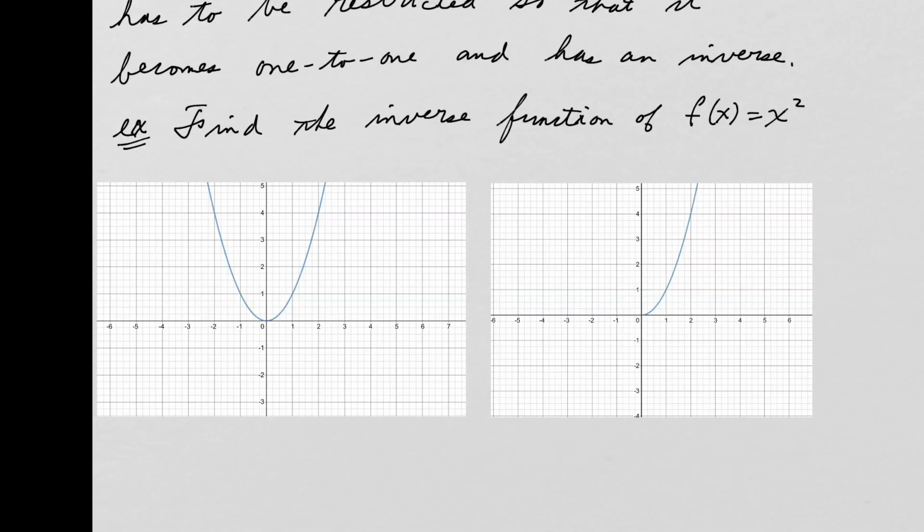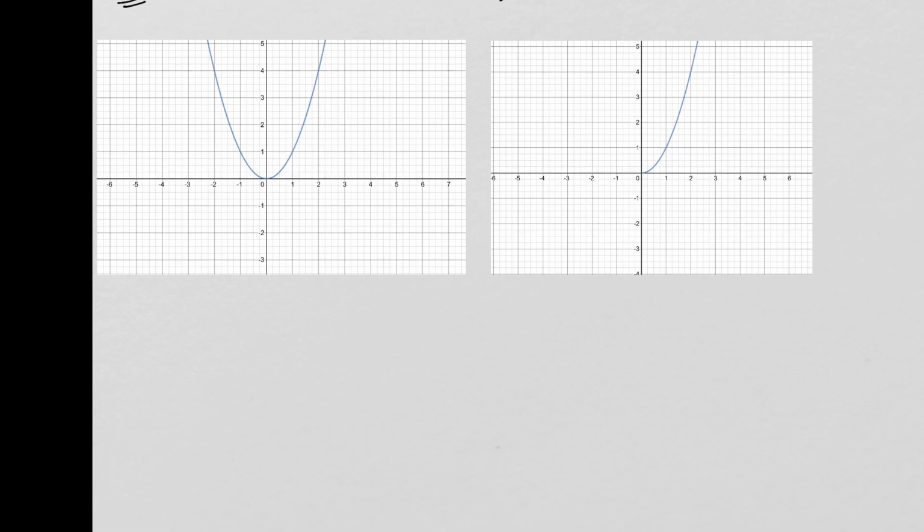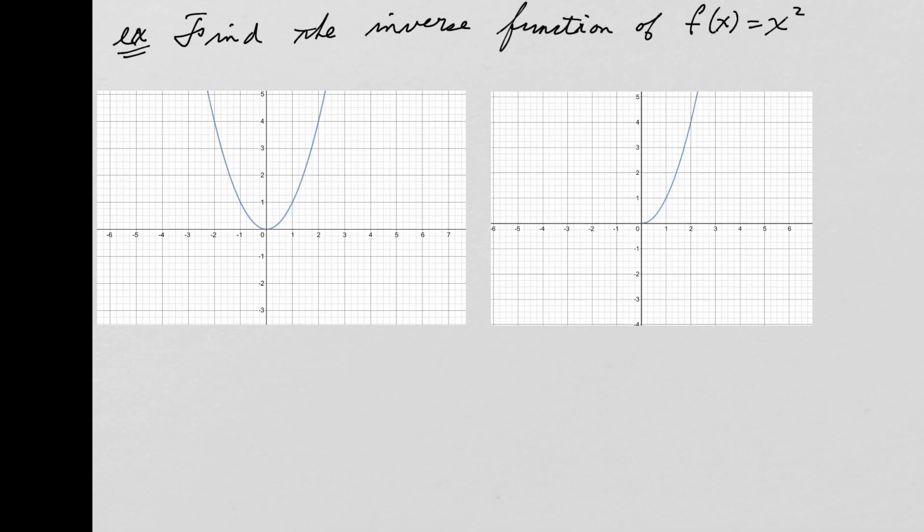Okay, so I graphed our usual quadratic function, and notice that it is not 1-to-1. Why isn't this 1-to-1? Because it fails the horizontal line test. A horizontal line will pass through more than one point in the graph. So this is f of x equals x squared, and it's not 1-to-1.